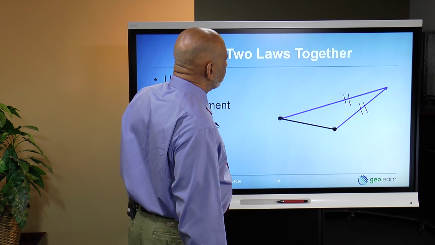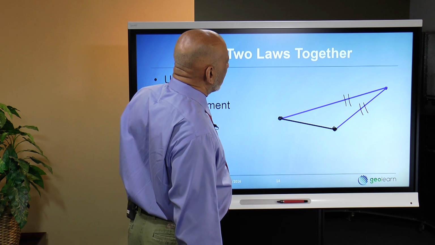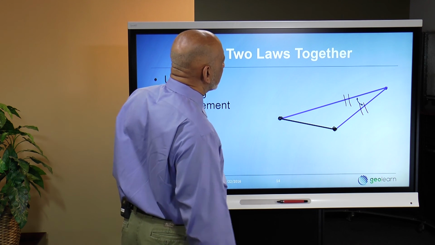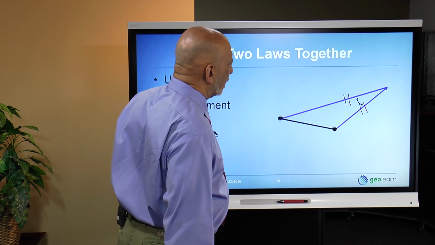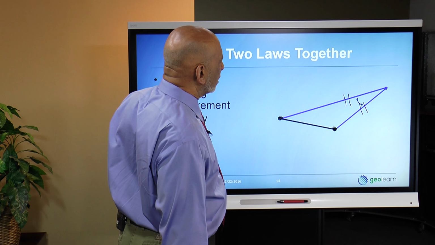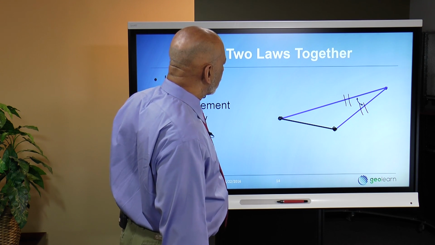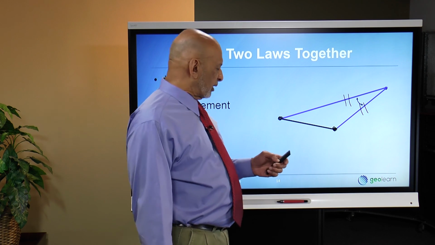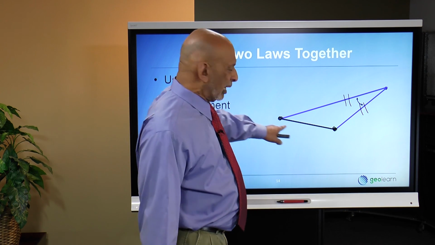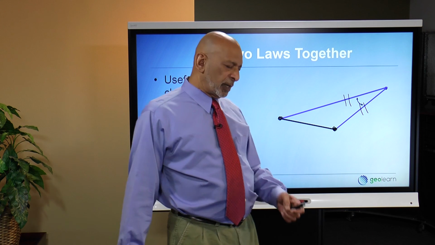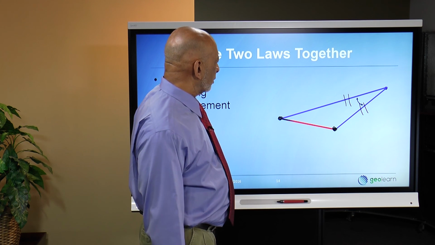And from that, and if we can measure this angle in here, using the law of cosines, you could calculate the length of this line and compare it with what our data tells us that line needs to be based on previous measurements.